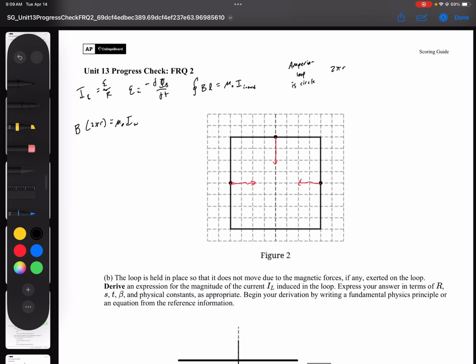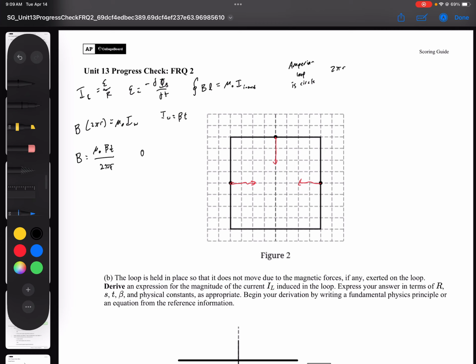Now I'm going to rewrite I_W as beta times t, because that's what it says in the problem: it's increasing with respect to time. So my B field is equal to mu naught times beta times t over 2 pi r.